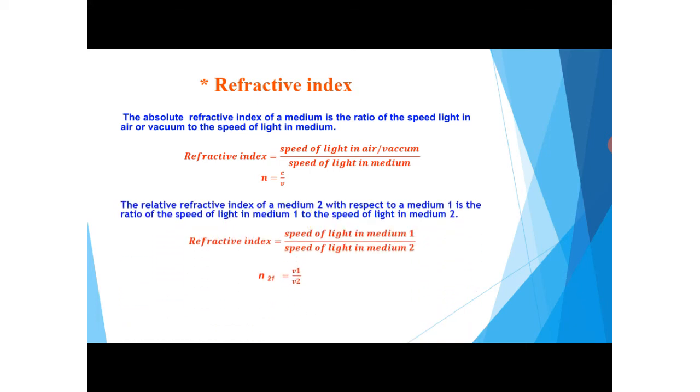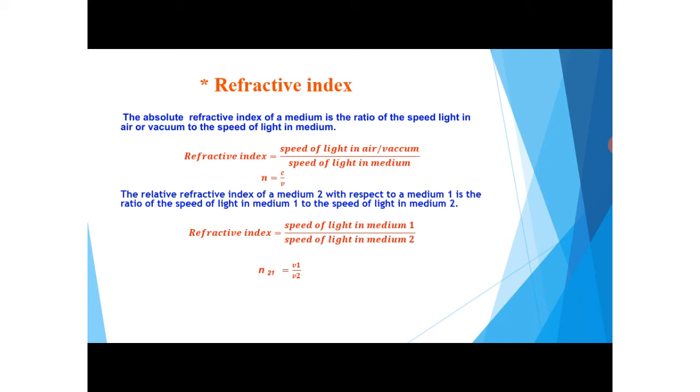So the relative refractive index of medium 2 with respect to medium 1 is the ratio of the speed of light in medium 1 to the speed of light in medium 2. That is, n21 equals v1 upon v2, the ratio of the speed of light in the two media.